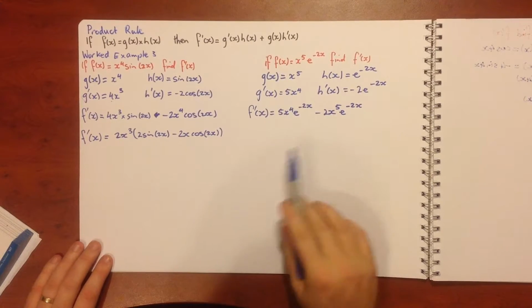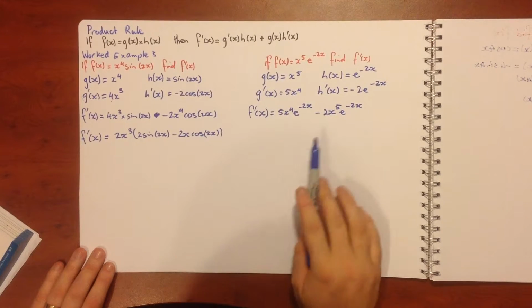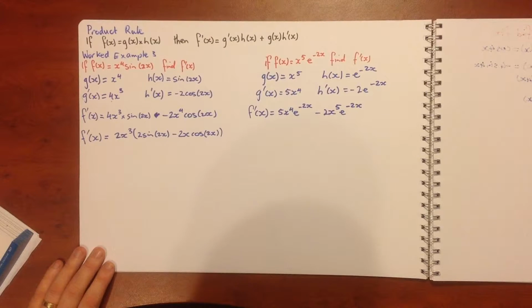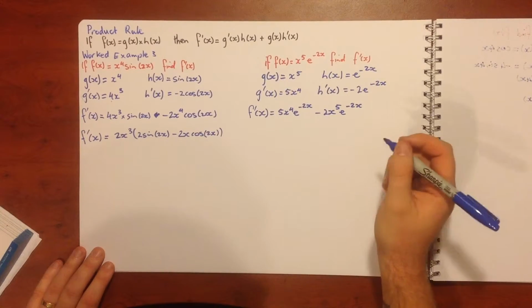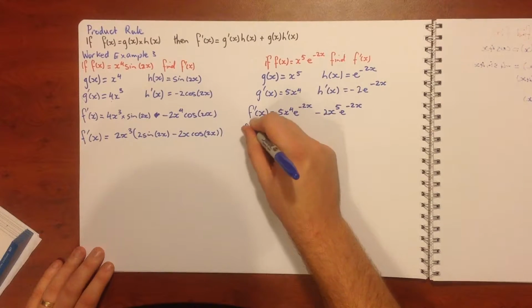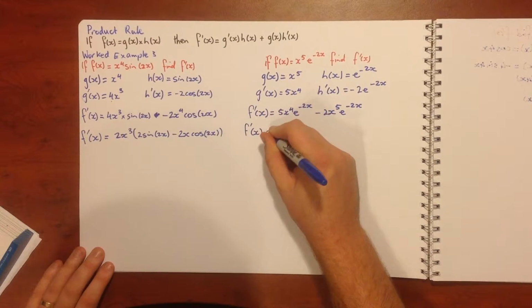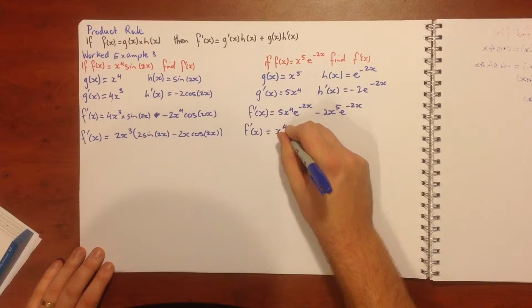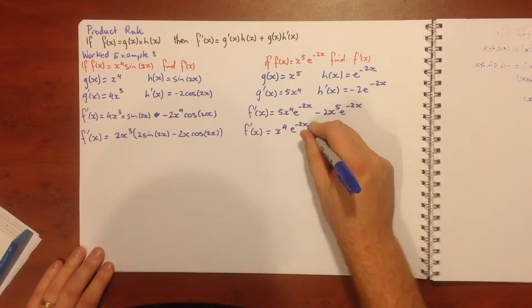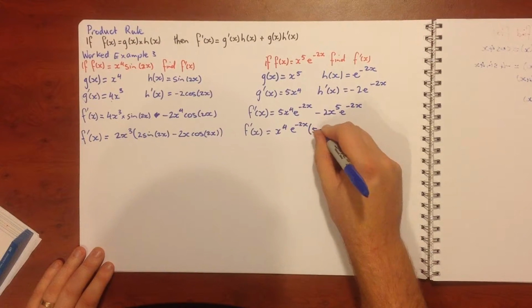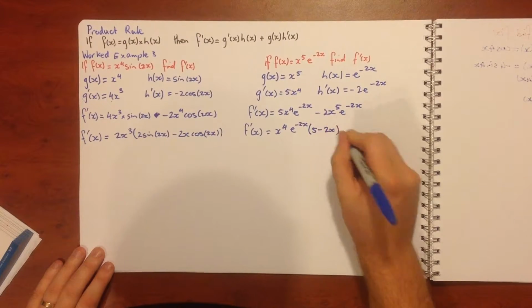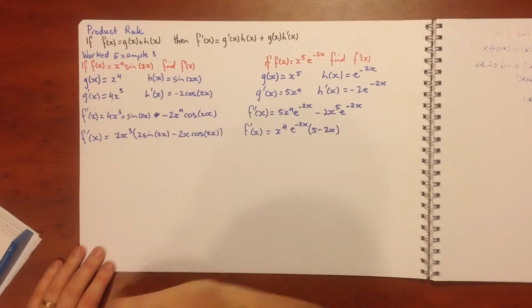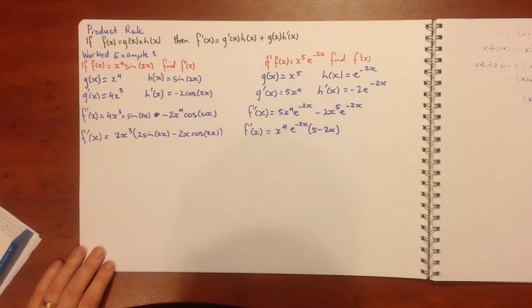To be honest, I'll probably leave it at that. It's not too bad the way we've got it. If you like, you could bring out some common factors, and we end up with f dash of x equals x to the 4 e to the minus 2x outside of 5 minus 2x. It's not that great, so it's up to you if you really want to worry about that step.